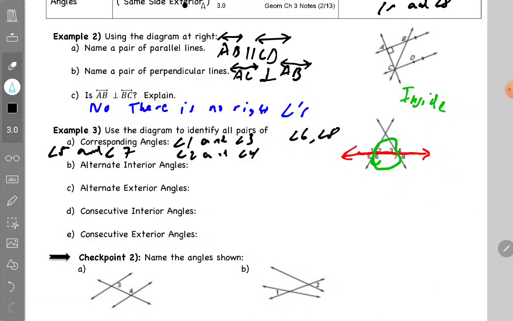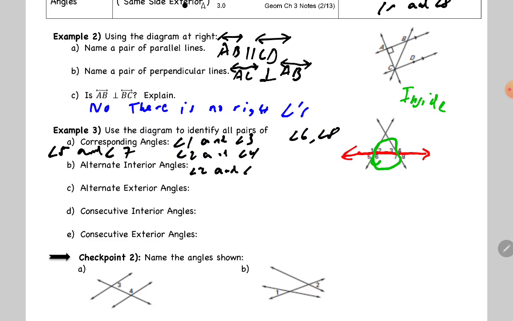So 2, 3, 6, and 7 are interior angles. To be alternate, they're on different sides. So angles 2 and angle 7. It's not angles 2 and 6 because they're in the same intersection. So you want to use the two different intersections each time. So angle 3 and angle 6.